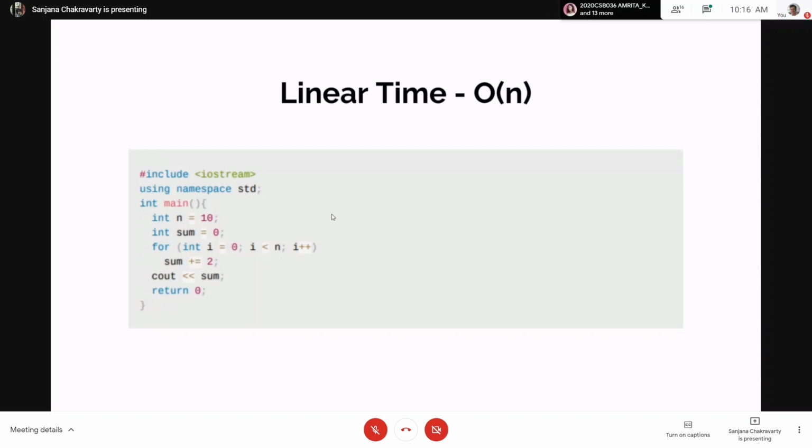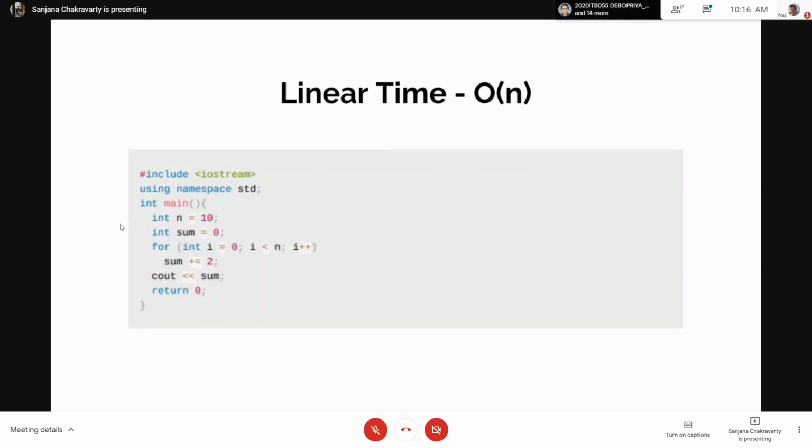So the loop is running n times, and for each of the n times, you are performing an operation inside the loop. Now suppose the number of statements in the loop is A. There are A operations performed for each iteration of the loop. So for n iterations of the loop, that's An operations.